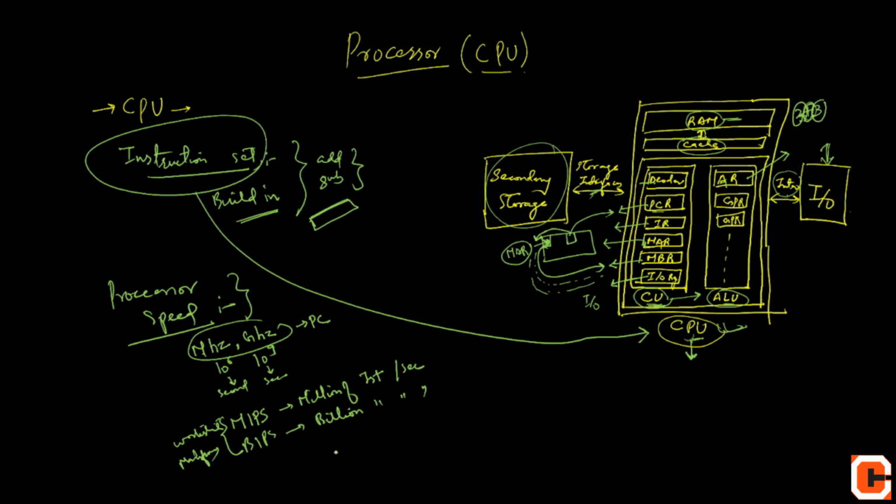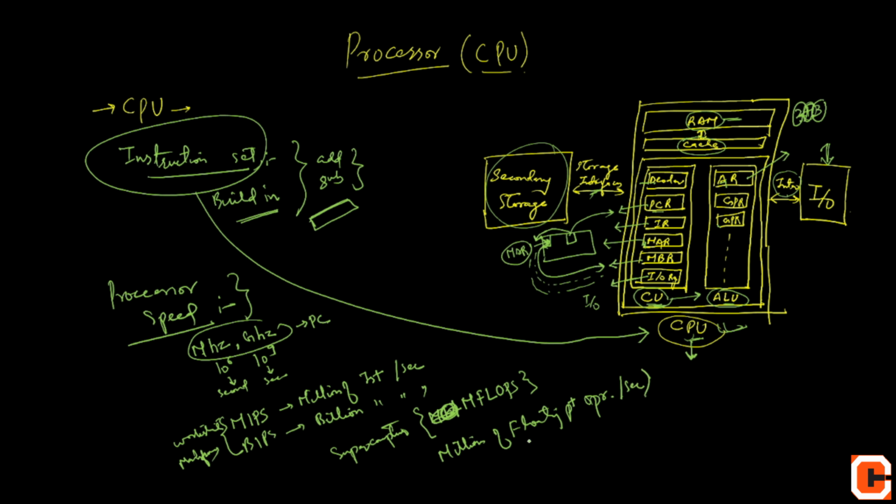But for supercomputers the thing is a little different, because for supercomputers the measuring unit is MFLOPS. What does that mean? Those are millions of floating point operations per second.